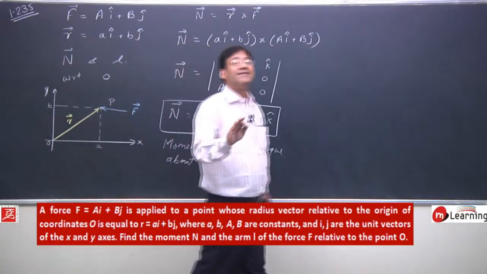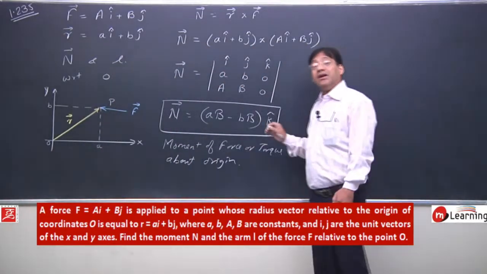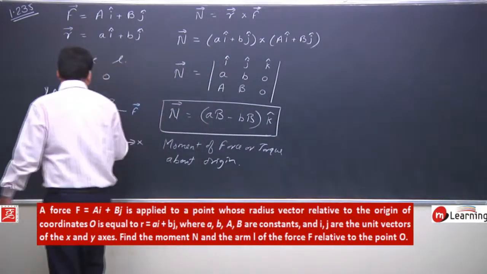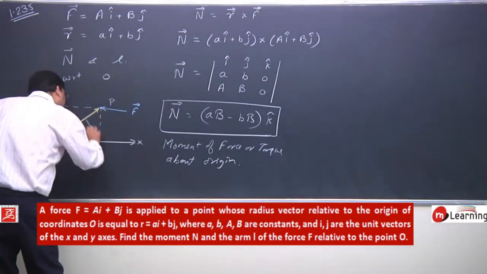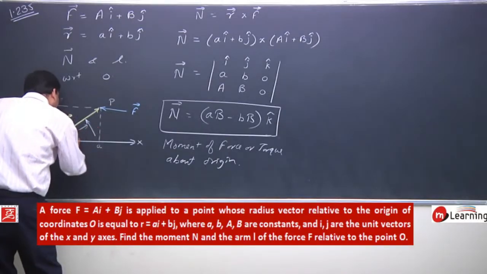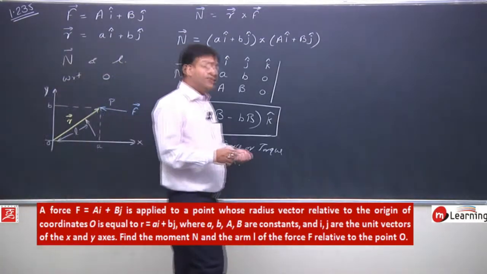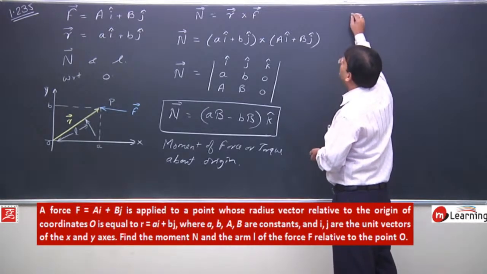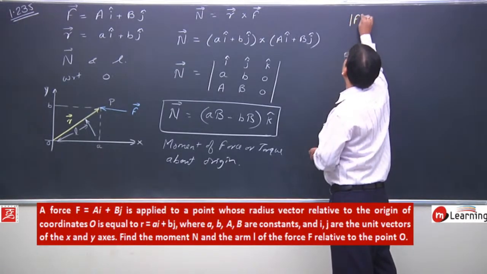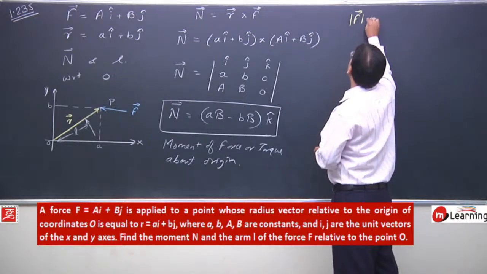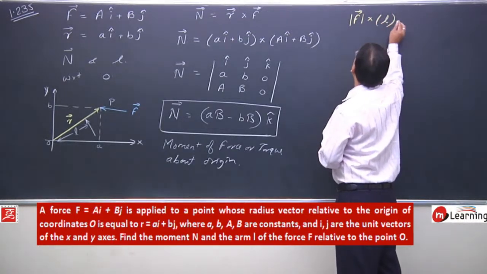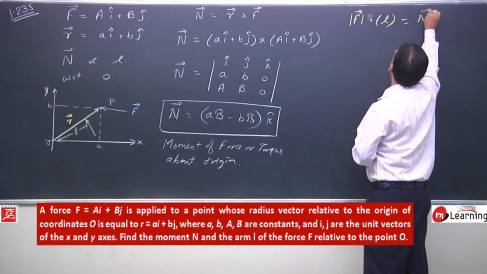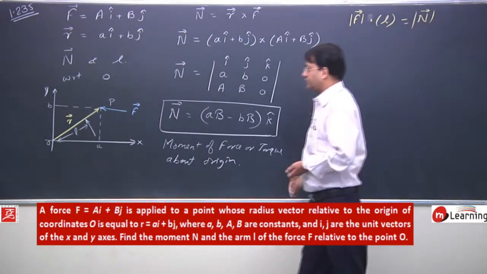Now, they had asked arm length. Now, what do you mean by arm length? Arm length is at what distance the same force must be applied so that it would give the same torque. हम कहेंगे in order to determine arm length, we'll say mod of force into arm length L must give us the same magnitude of torque.